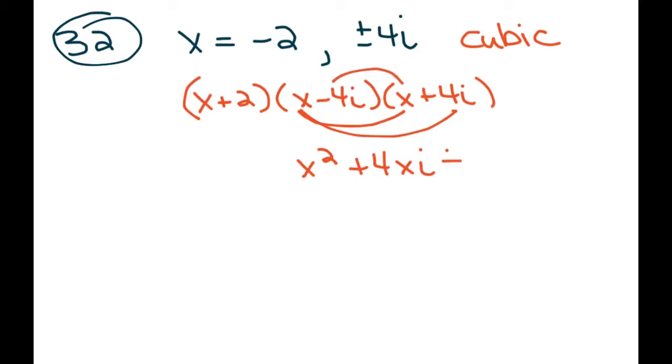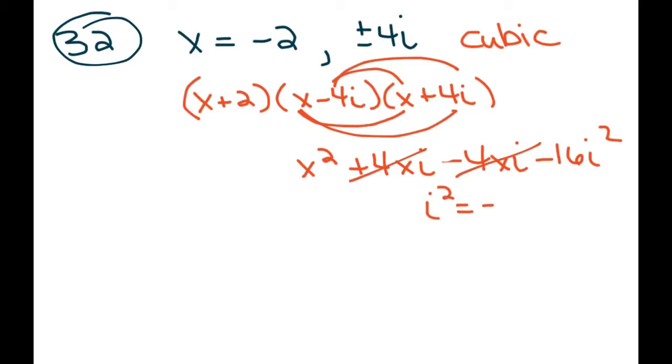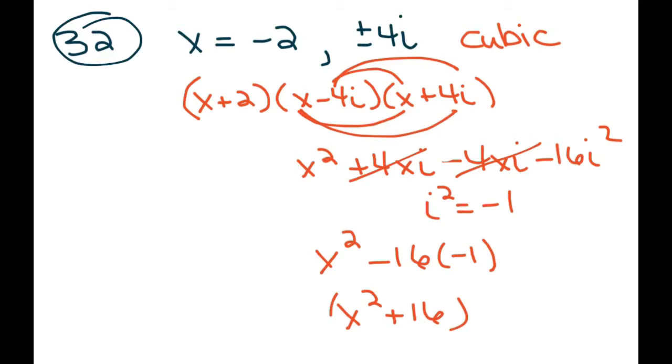The first one was plus and the second one was minus. And then minus 16i squared. All right, so those are opposites and they cancel. By definition, i squared is negative 1. But if you forget that, as long as you plug it in your calculator, the calculator will spit it out. So you get x squared minus 16 times negative 1, which is x squared plus 16.